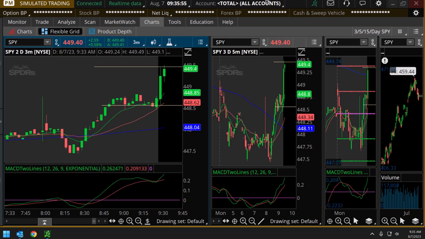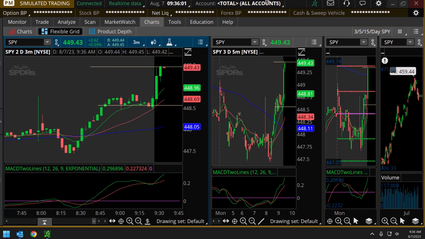We got 7 seconds to go. Let's see if we get a print. 5 seconds, 4 seconds, 2 seconds. Alright, as you can see right here, we did not get above our resistance. It basically printed right at the point.